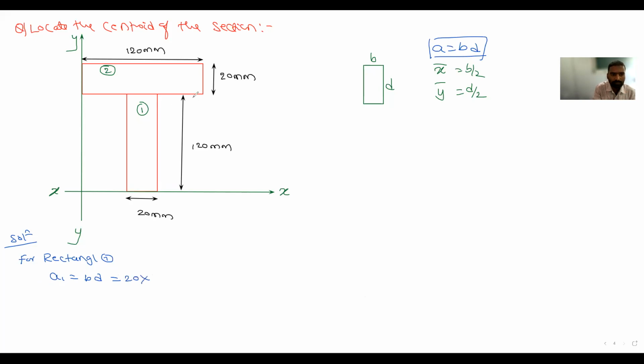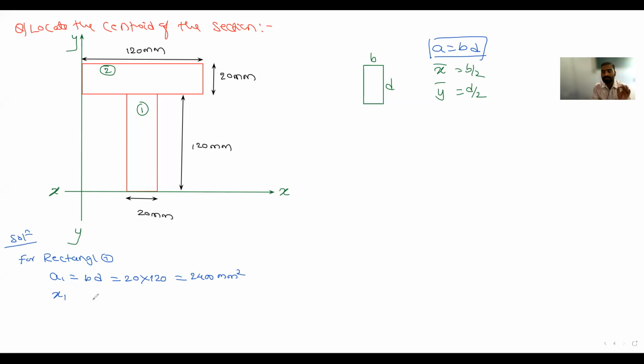What is the depth? 120. Total is how much? 2400. What is the unit for area? Millimeter square. So next I want to write x1.